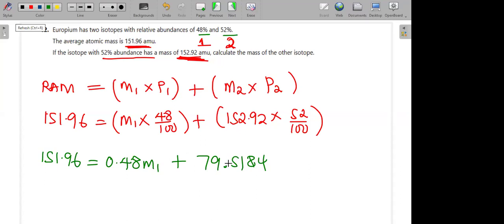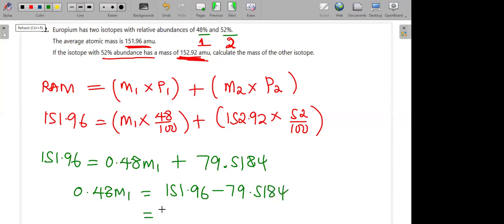And then from here, what are we going to do? We're just going to take like terms to the same side. So we're going to say 0.48 M1 is equal to 151.96 minus 79.5184.